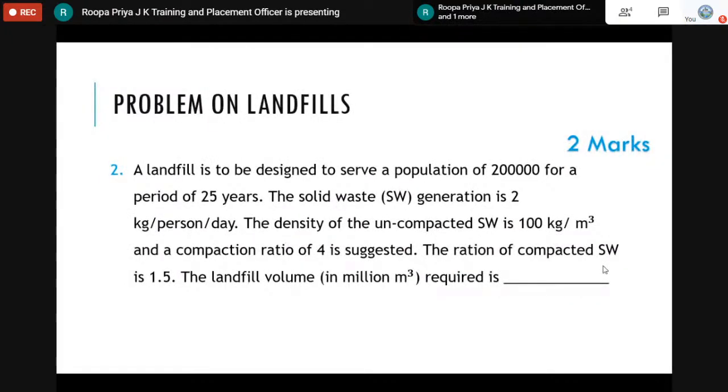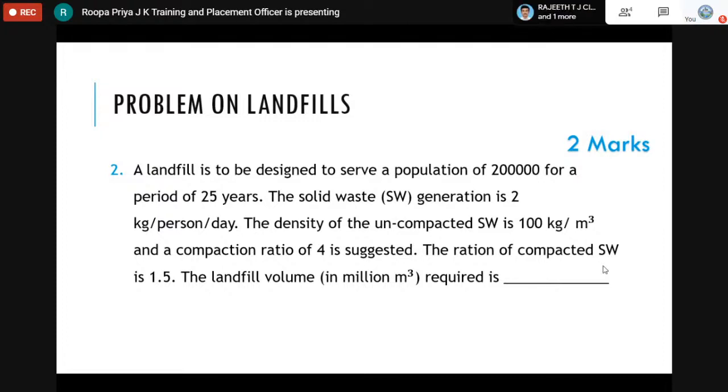The second problem on landfills, it's a similar problem, so I will read it slowly. A landfill is to be designed to serve a population of 2 lakhs for a period of 25 years. The solid waste generation is 2 kg per person per day.